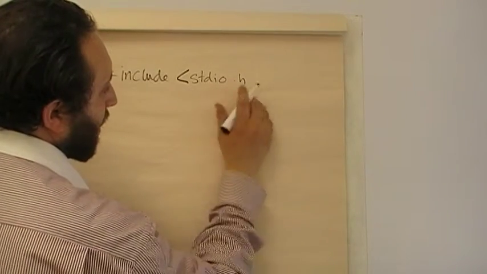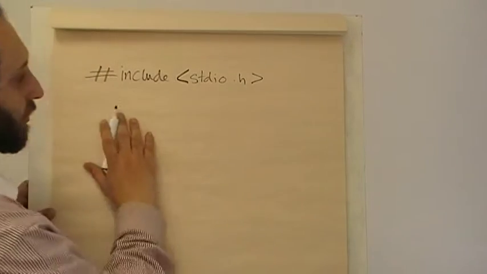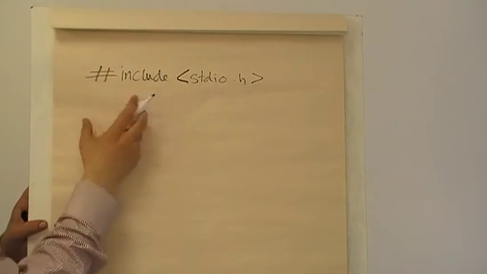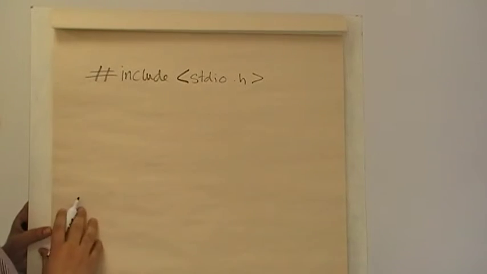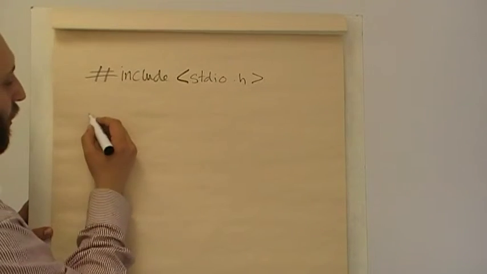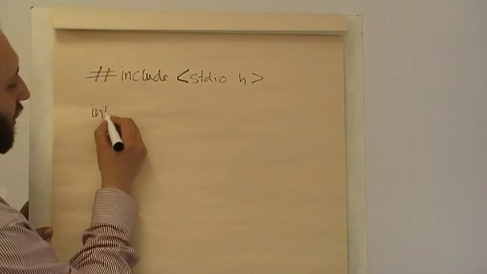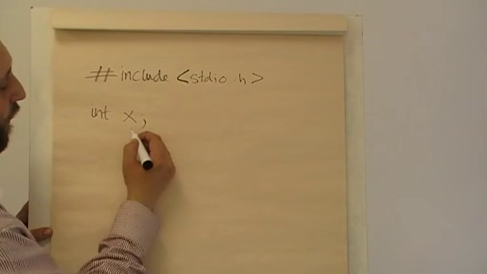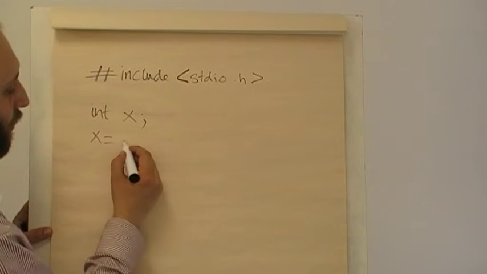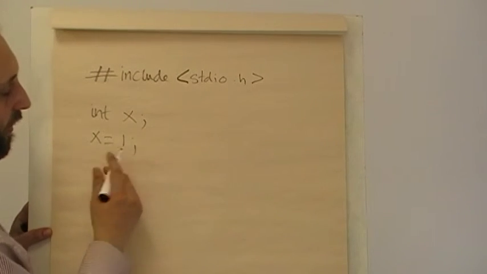We have to include that. So now we've included the library. The next part we're going to do, like I said, we're going to assign a variable which is called int x, and we're going to close it off, and then we're going to give x equals 1.